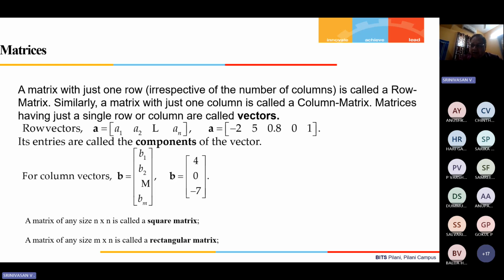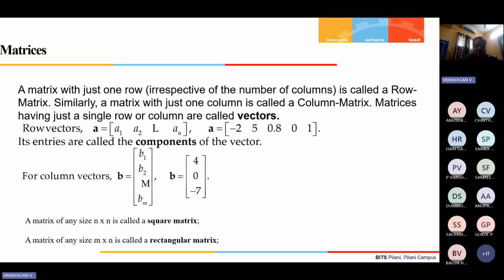You can even write a lowercase alphabet and put an arrow mark on top, because you know very well a vector is a physical quantity which has both magnitude and direction. So normally vectors are usually represented by lowercase alphabets with an arrow mark overhead. But in practice, writing the overhead arrow, sometimes we will avoid, we will just put a bar to mean it's a vector. Or sometimes even if you don't put a bar, you will bold it.